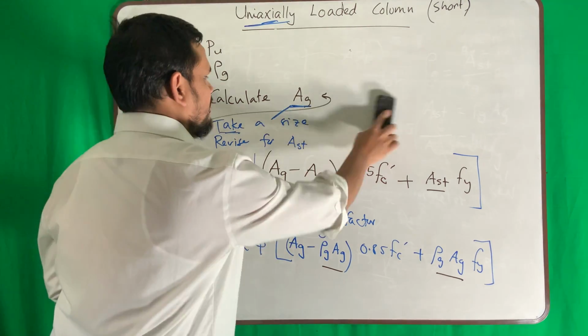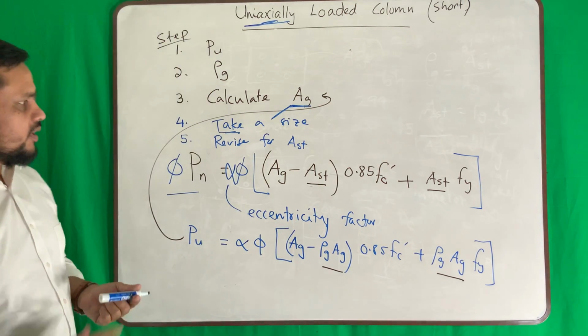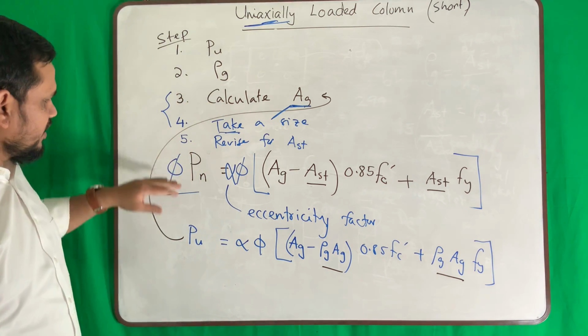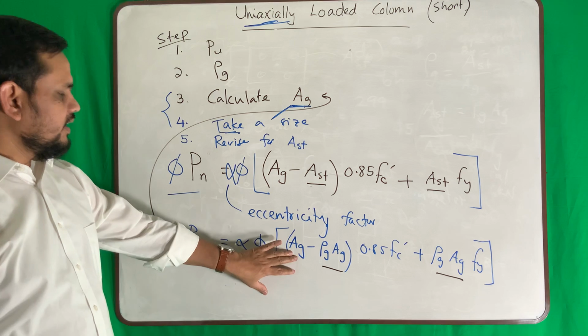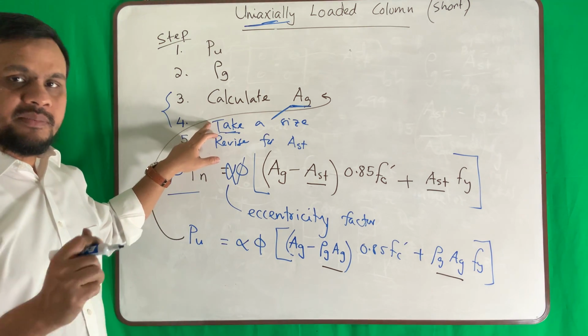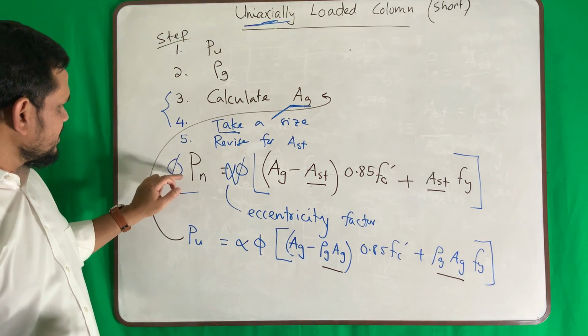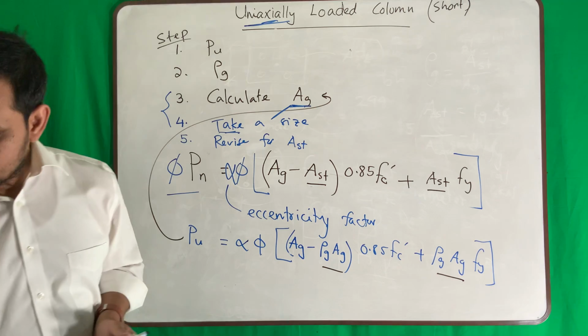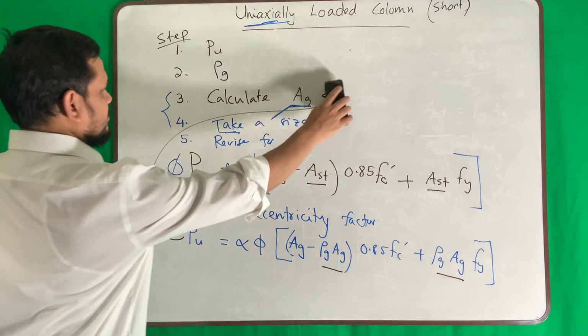But okay, again, I should not give any value. What are these two equations? This step says calculate AZ, then take a size, whatever the size is, then use this equation. Maybe I confused you, so I should write it again.